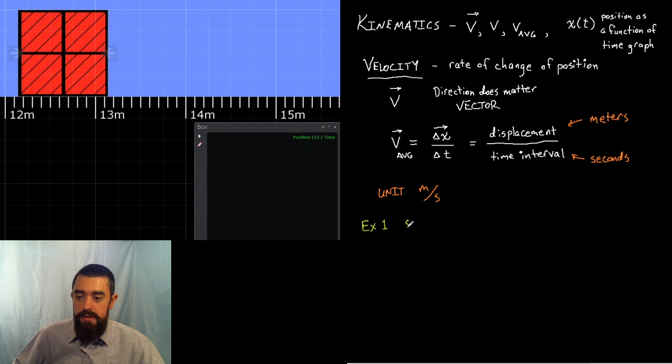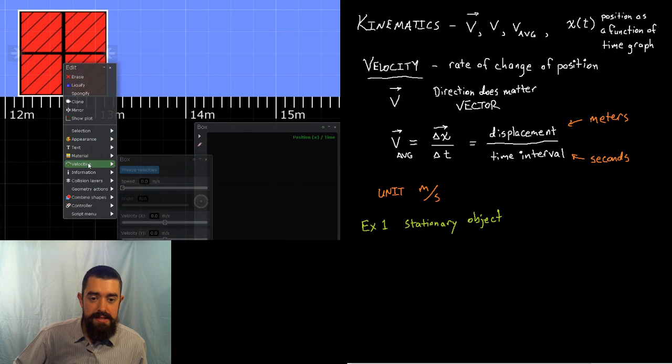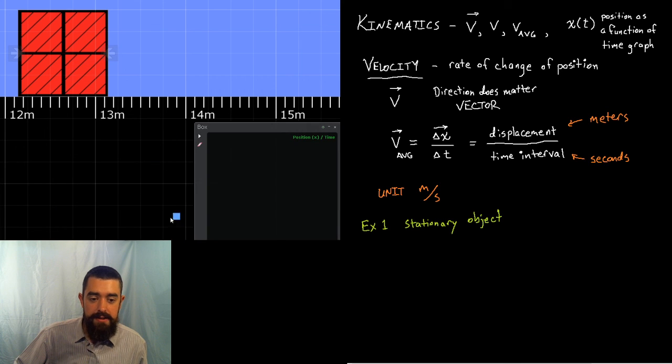Example 1, a stationary object. So I'm going to show you guys this box and currently its velocity in the x direction is 0.0 meters per second.